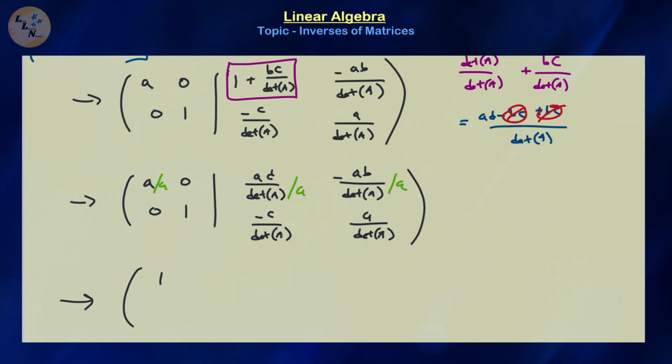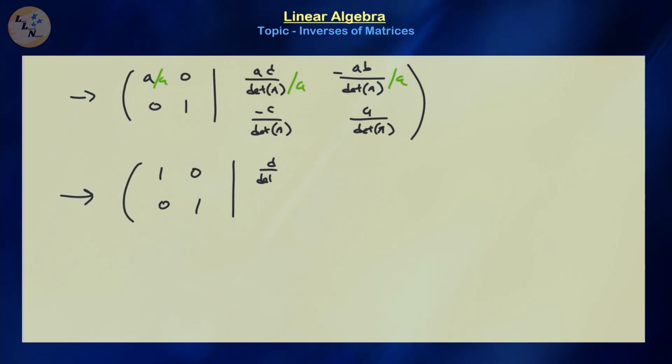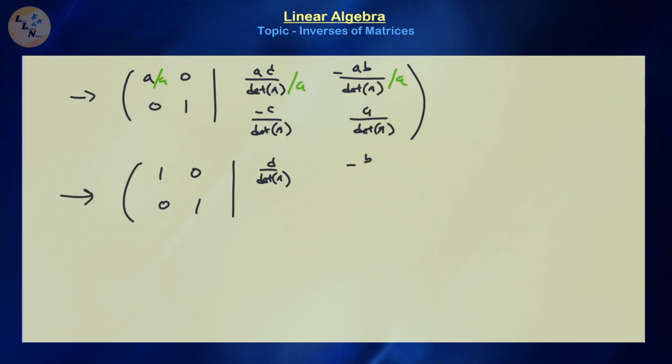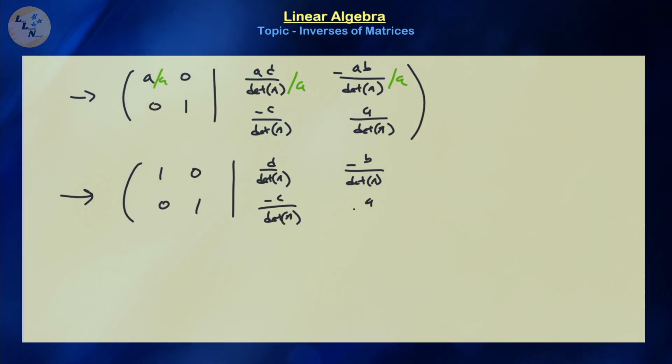And then I'm going to have 1, 0, 0, 1 augmented with D over the determinant of A, minus B over the determinant of A, minus C over the determinant of A, and then A over the determinant of A.